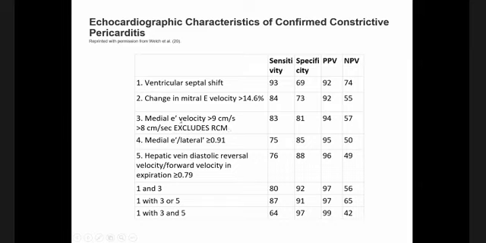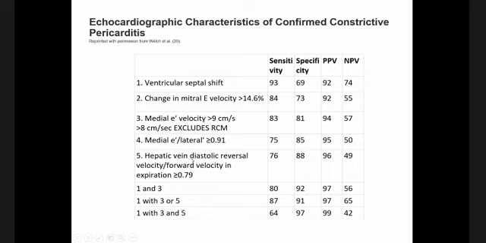So this is a very easy way to tell you if there is a basic myocardial problem, or basically there is a constrictive problem. Also the medial versus lateral E prime, because we know the lateral part is restricted in constriction, but not the medial part, which means that on the mitral or tricuspid, you can measure the lateral part as well as the septal part of the E by E prime.